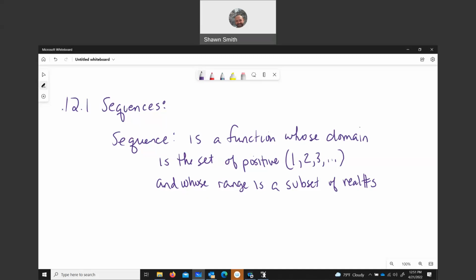All right, so the numbers in this ordered list are called terms of the sequence.